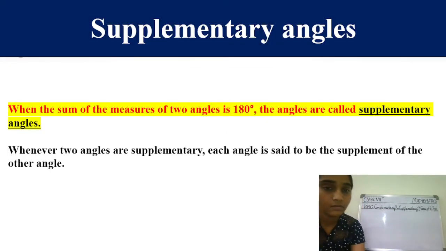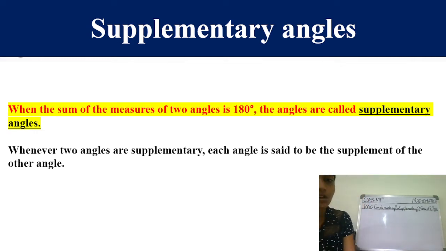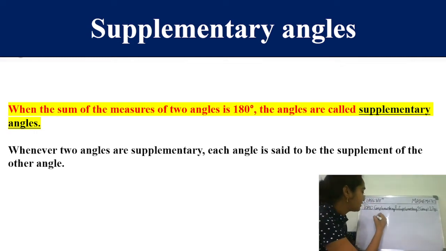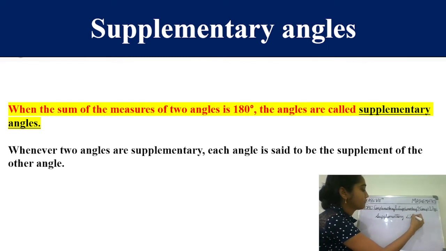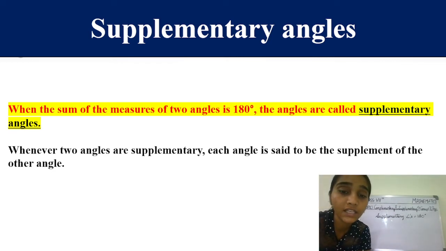Here also it is written the same: when the sum of the measures of two angles is 180 degree, the angles are said to be supplementary angles. So for supplementary, the sum must be equal to 180 degree. And whenever two angles are supplementary, as in the case of complementary, each angle is said to be the supplement of the other angle.